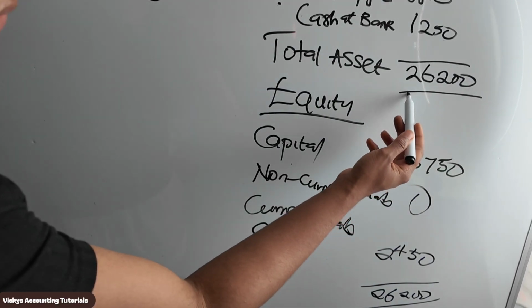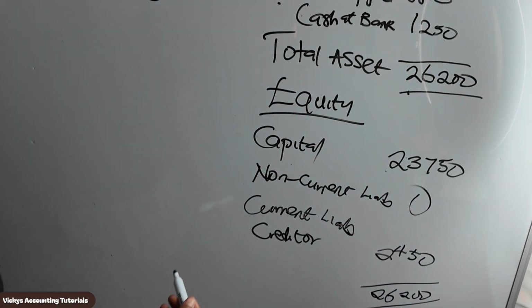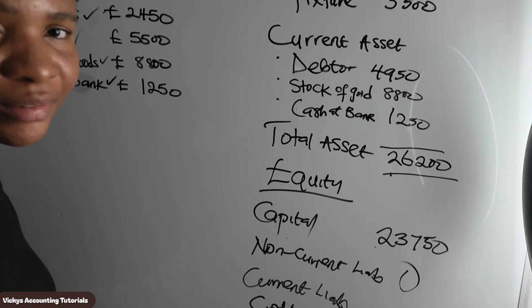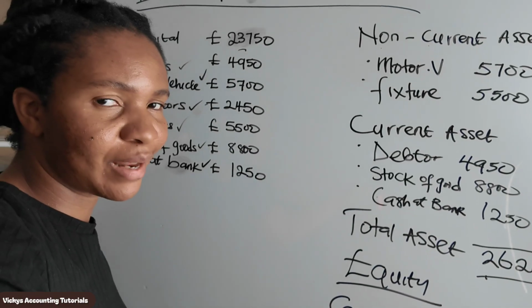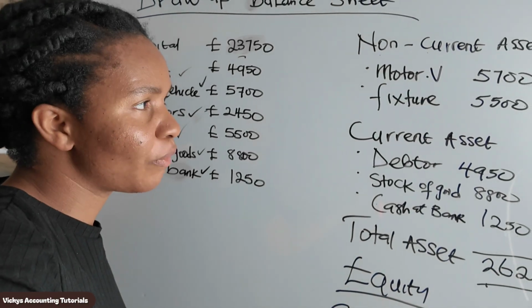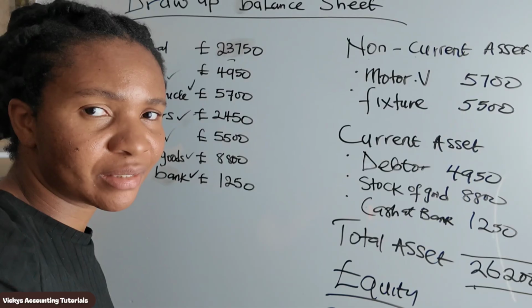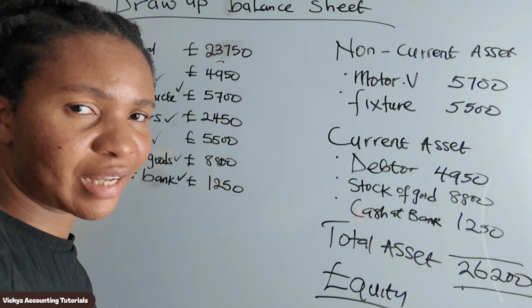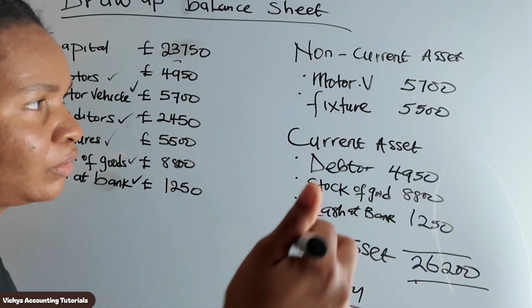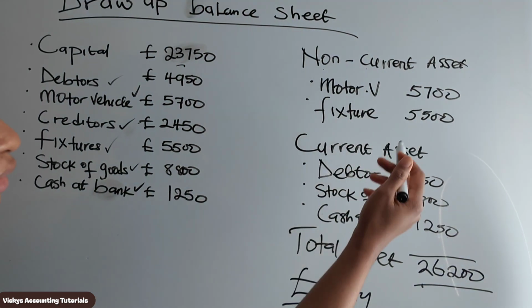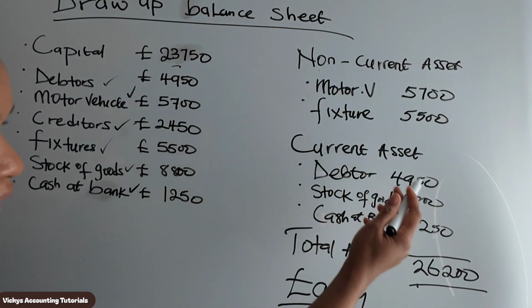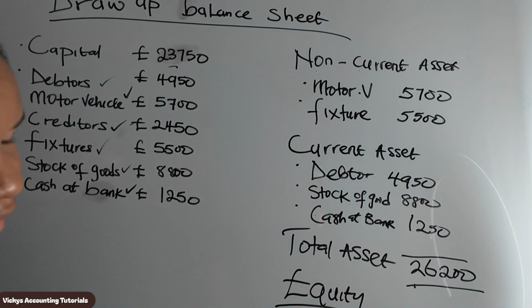The same applies to our total assets. We've established now that our assets obviously equals our equity and liability, and we have currently classified every one of these transactions. All of these items have now been classified into either current assets, non-current assets, equity, or liability.